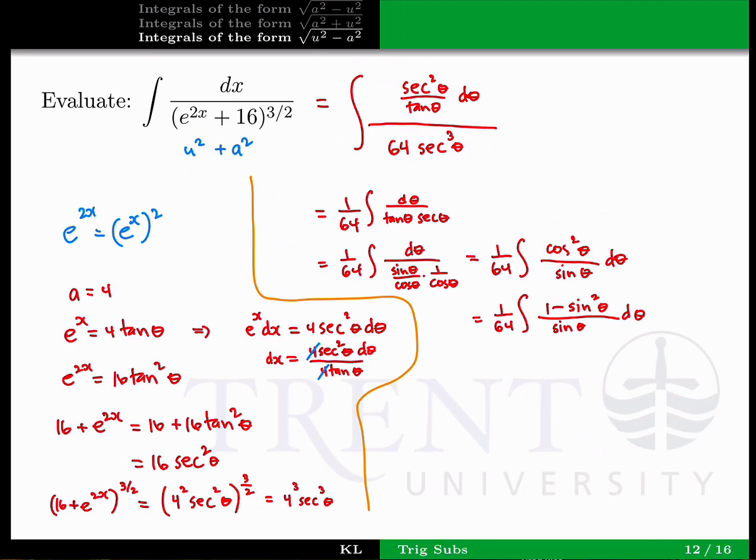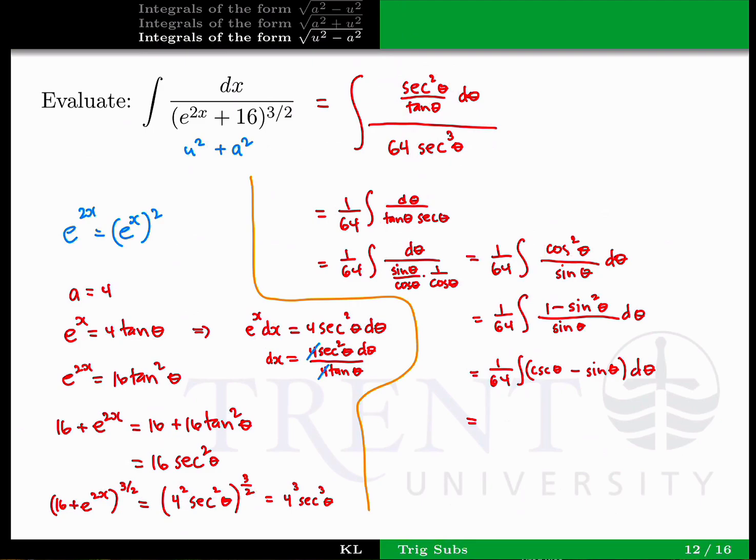And then you can separate 1 minus sine squared theta into two parts. So you will have the integral of 1 over sine theta, that becomes cosecant theta. Sine squared over sine, that's just sine. So you have minus sine theta d theta.